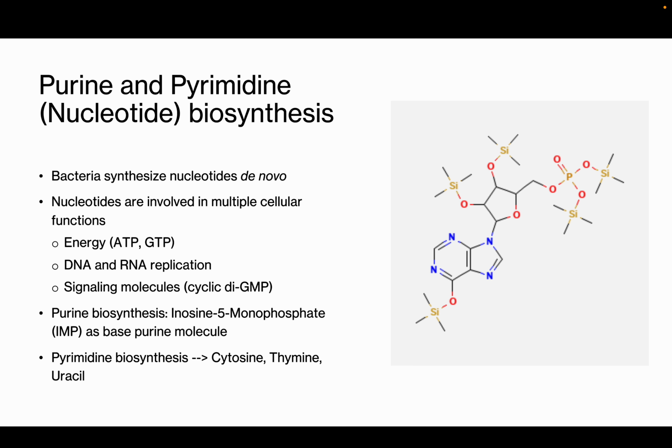The pathways for producing purines and pyrimidines in bacteria have been well studied, and what has been found is that primary processes happen at the level of the cell. The bacterial species do not really get or salvage their nucleotides from other species or from the environment.